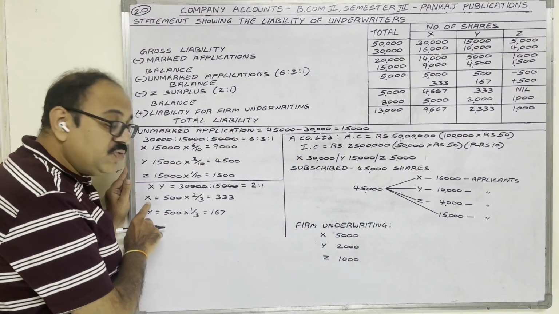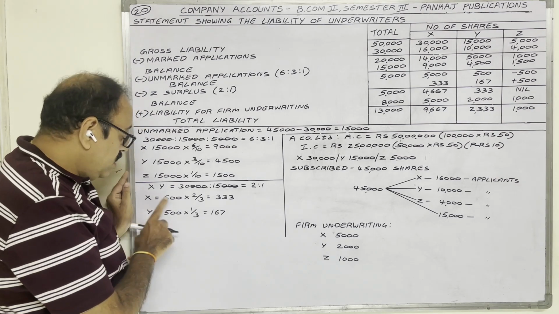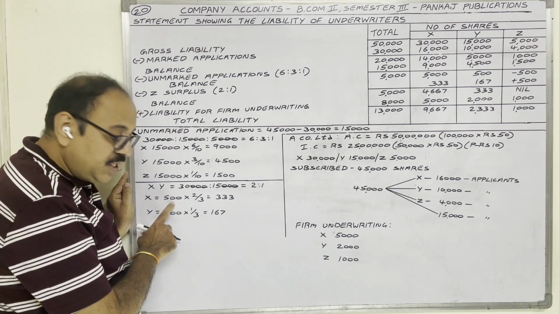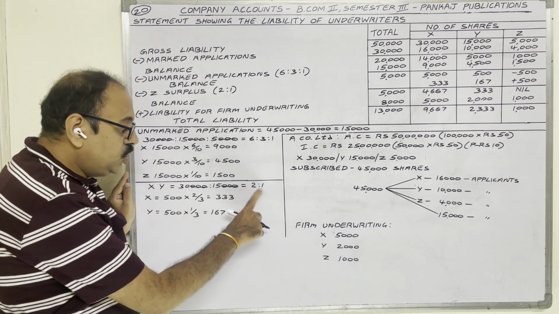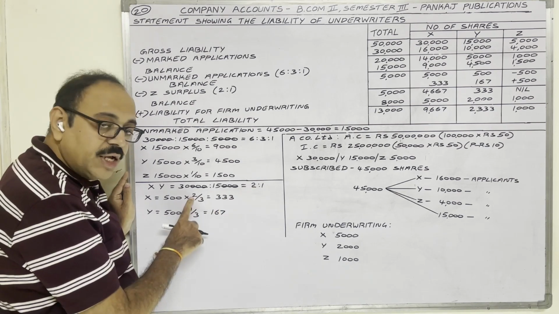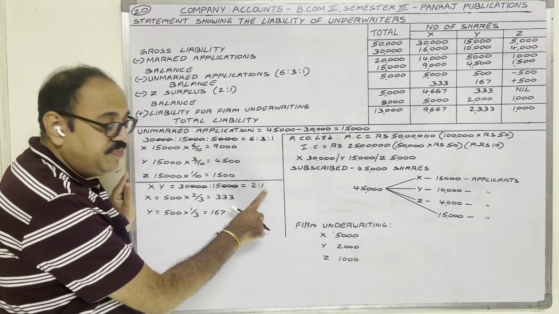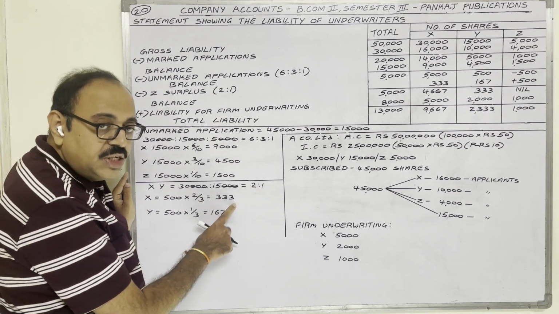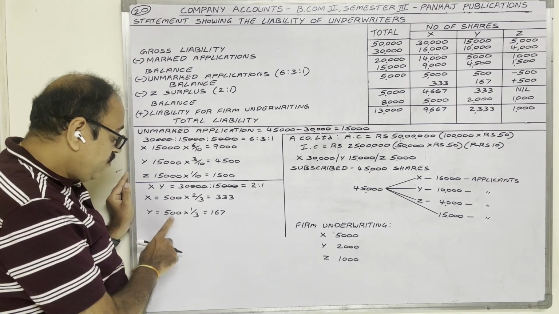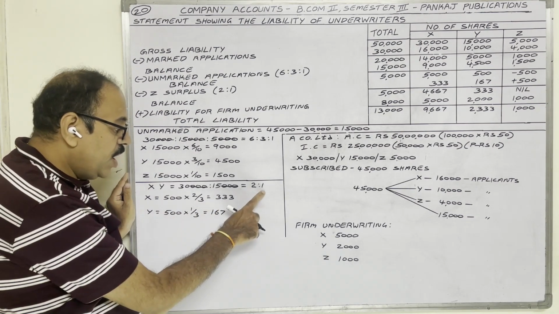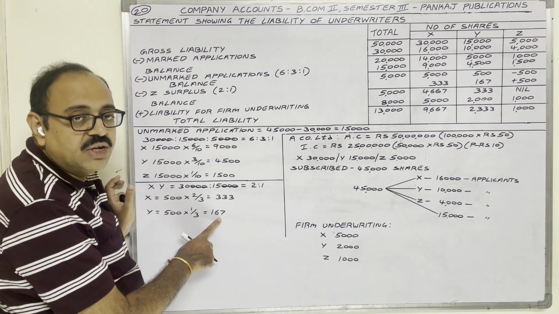Then how many shares do we attribute to X? 500 Z surplus shares into, in this 2 is to 1, 2 belongs to X, no? 2 by 3. How does 3 come? 2 plus 1 is 3. So 333 shares. For Y, 500 shares into 1 by 3, 167 shares.